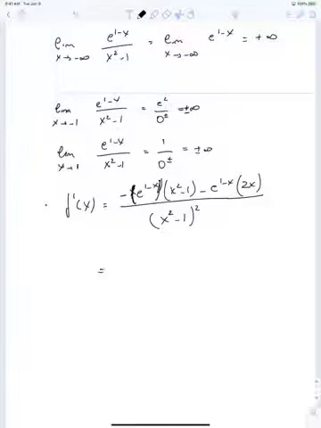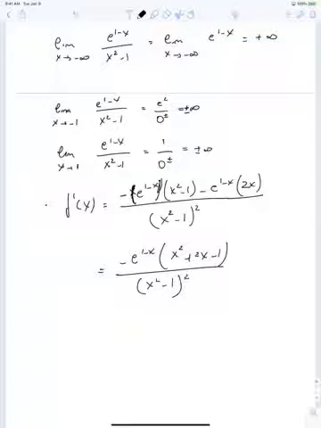So we can factor out minus e power 1 minus x, and here we're left with x squared plus 2x minus 1, divided by x squared minus 1 squared.